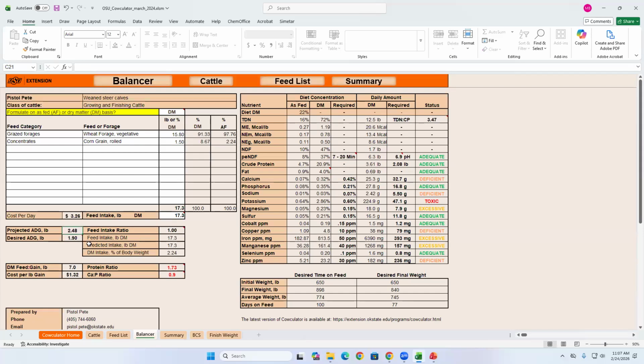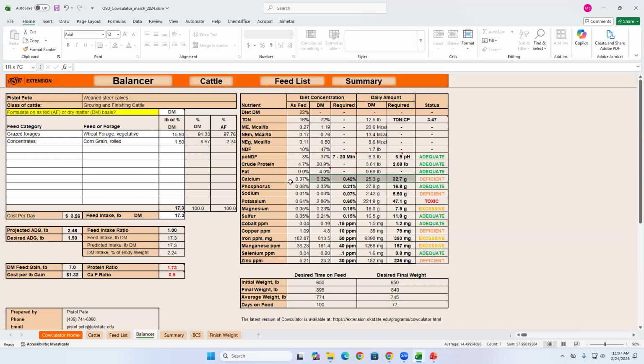So average daily gain went up from 2.35 to 2.48, right? Forage intake went down in a 1-to-1 ratio. So what type of response is that to supplement? Not partial, but substitution effect.